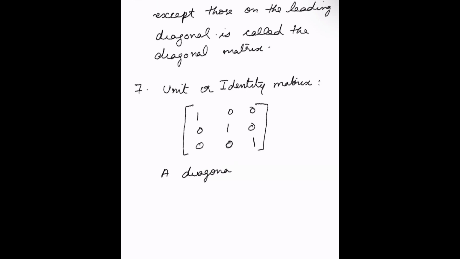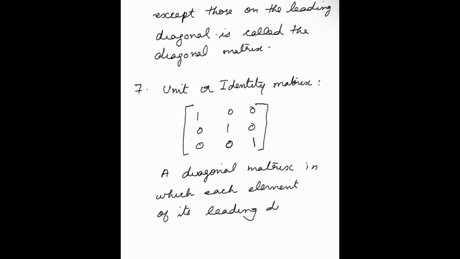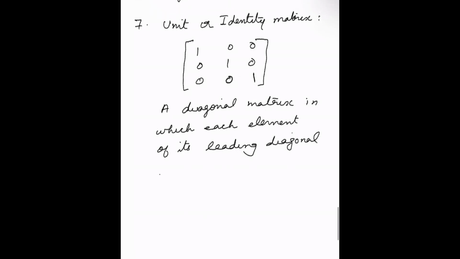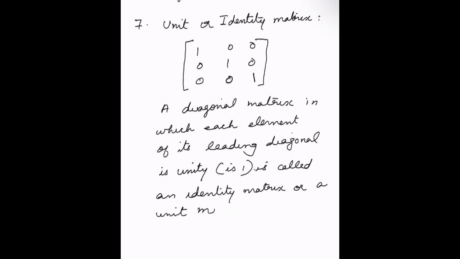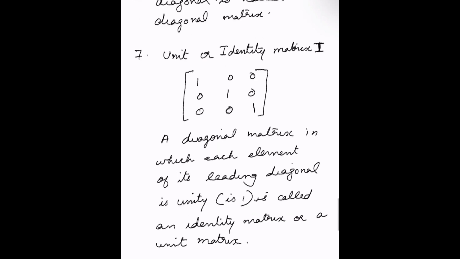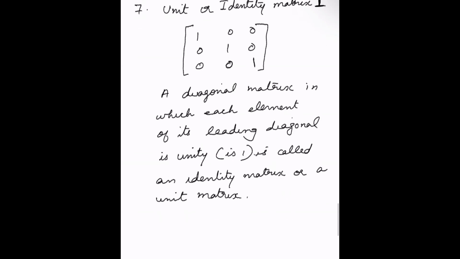So a diagonal matrix in which each element of its leading diagonal is unity, you can write 1, is called an identity matrix or a unit matrix. It is always denoted by the letter I.